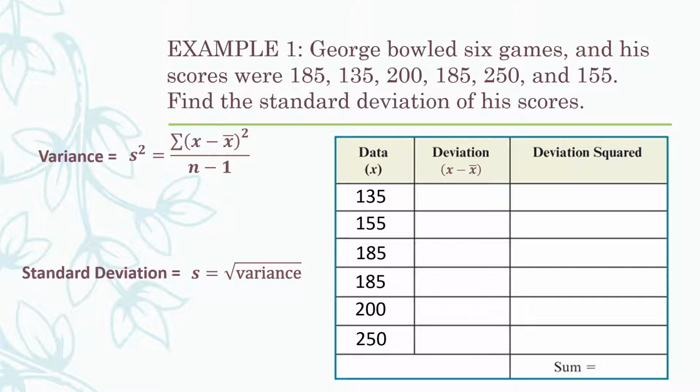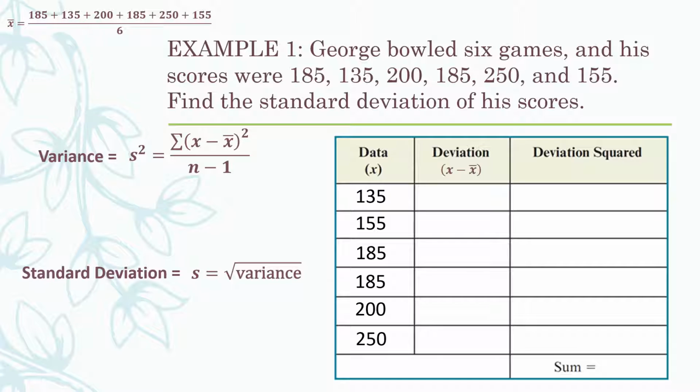So you can see that in order for us to find the deviation, we need to find the mean. So we're just going to go over here to the side and find the mean. To find the mean, I'm just going to take the six scores, add them up, and divide by 6.